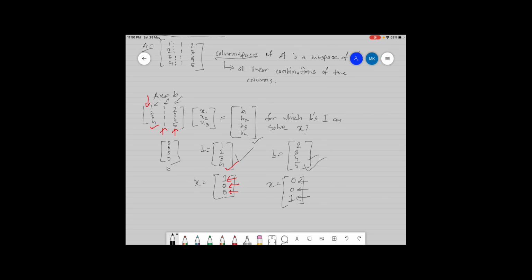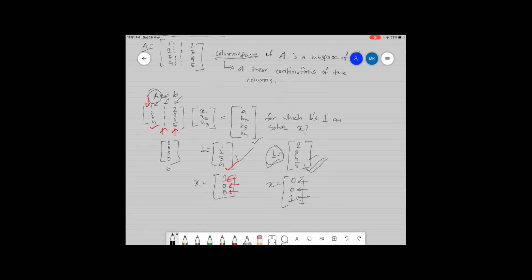So that line that I just said is very important here. The different combinations of columns can be achieved by this b, right? That means, then what are the different combinations of the columns? That is basically the column space. So if we have any solution b that is inside the column space of A, then only in that case we can achieve that solution.